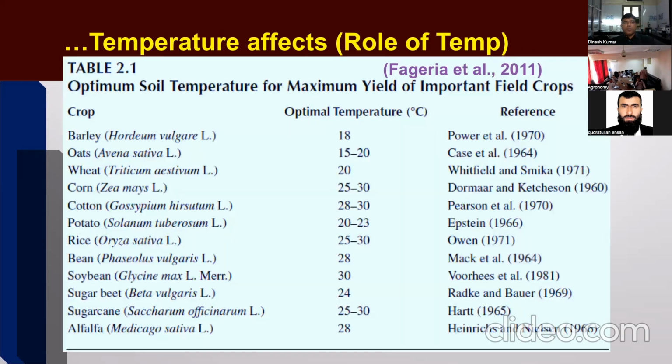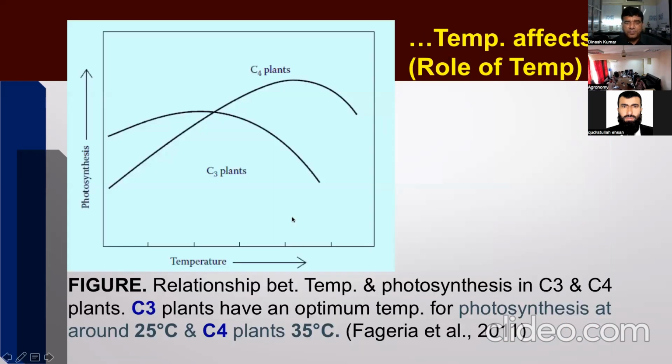Now you see the optimum soil temperature for maximum yield of important field crops. These are the ranges of temperature. For example, for barley it is 18 degrees centigrade, for oats 15 to 20 degrees centigrade. You can see this table.